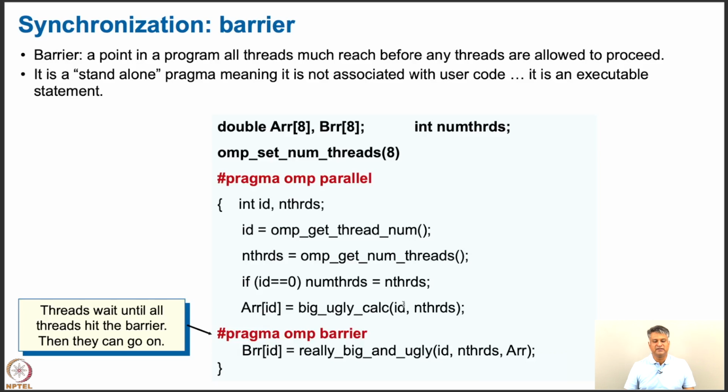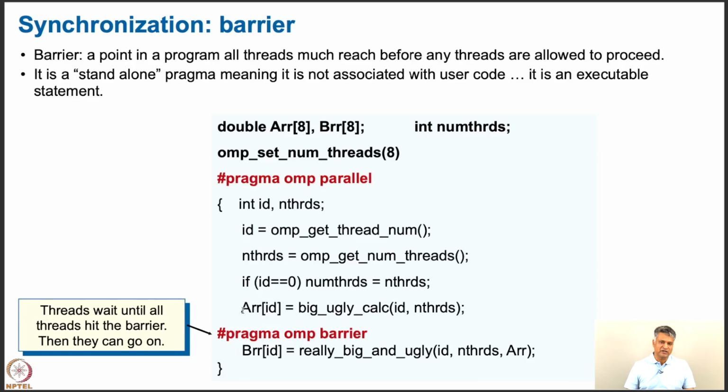For example, in this snippet of code, if you look at where the #pragma omp barrier is put, the line of code where BRR ID is being updated is done in parallel and separately by each of the threads. Until all the operations above the barrier are complete, BRR ID will not begin for all the threads.